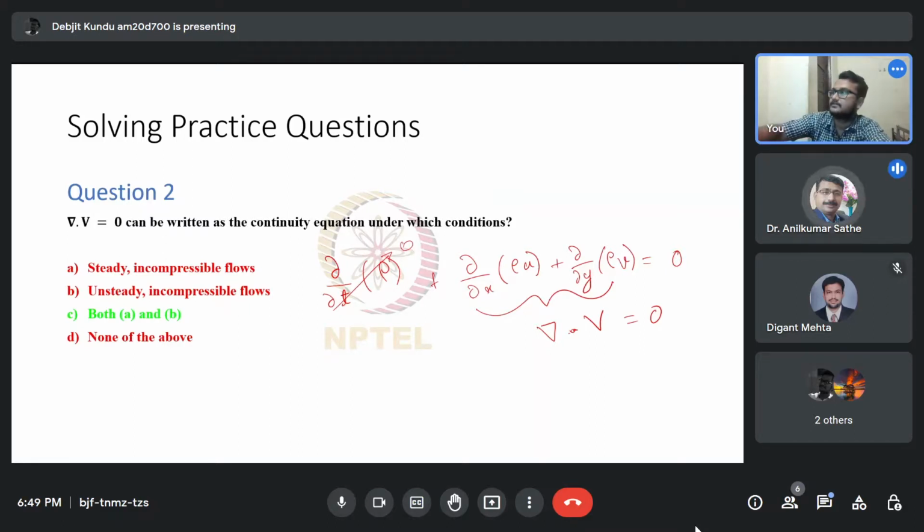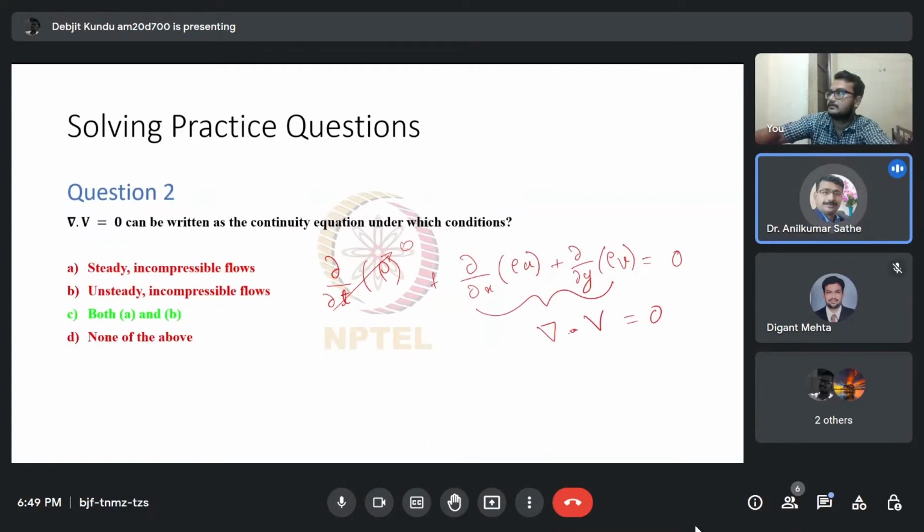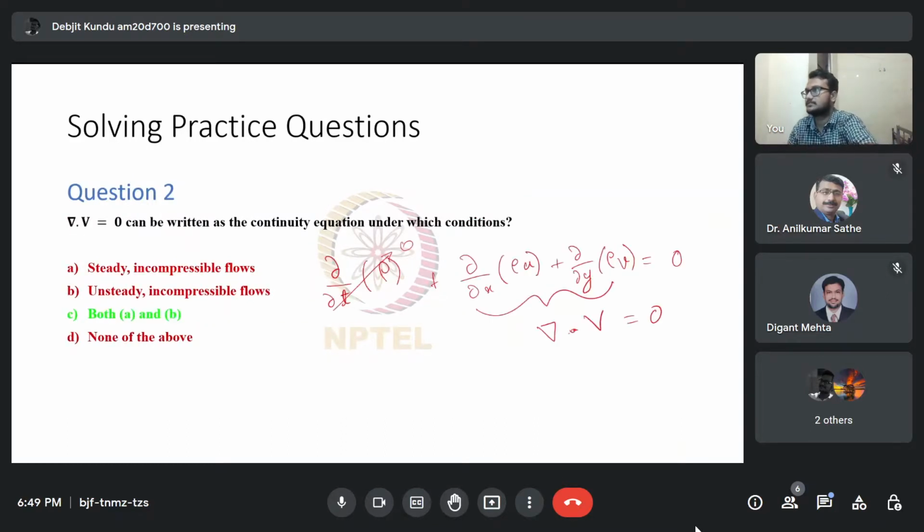Sir, can you elaborate on divergence just in 1 minute? How are we writing divergence? Okay, sure. So this was the equation which I wrote earlier. If we expand the continuity equation, it boils down this way. As you can see, if rho is constant, then this goes to 0.